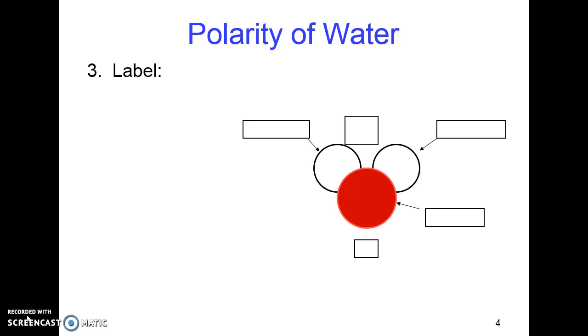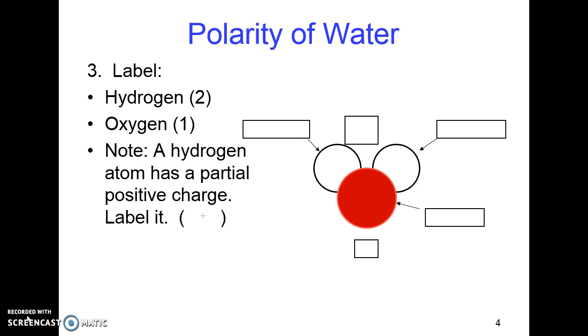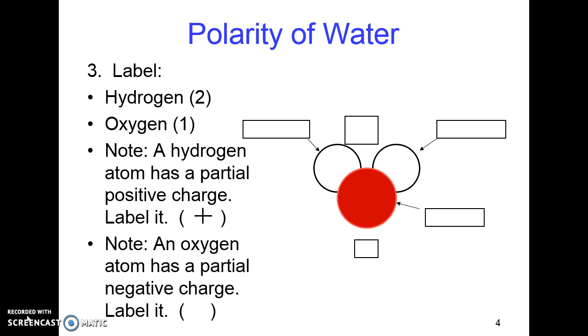Alright, here is a picture of a water molecule, and you're going to draw the structure of water, including the charges on your atoms, on your paper. So here we're going to note that the hydrogen atoms have a partial positive charge. You can see it kind of looks like Mickey Mouse here.